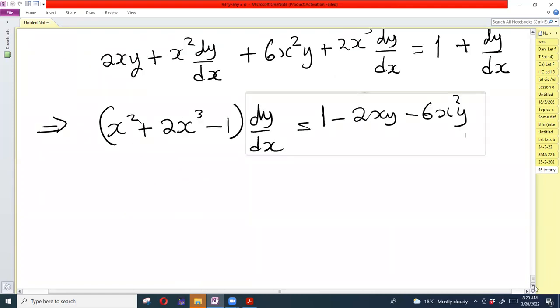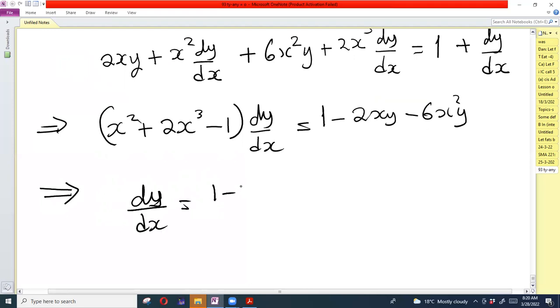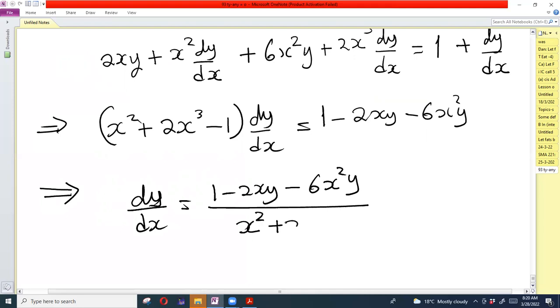So next step, make dy/dx the subject. So dy/dx will be 1 minus 2xy minus 6x squared y divided by x squared plus 2x cubed minus 1. So this is the answer to the second part.